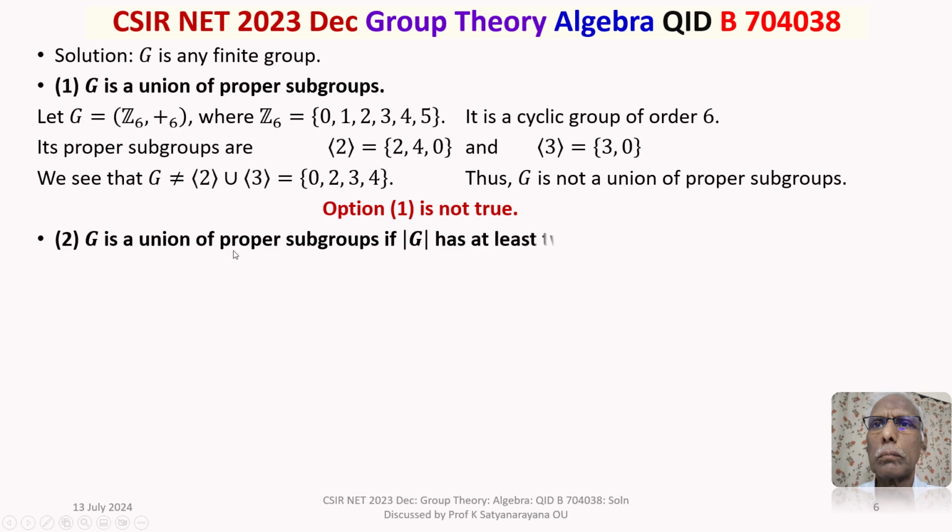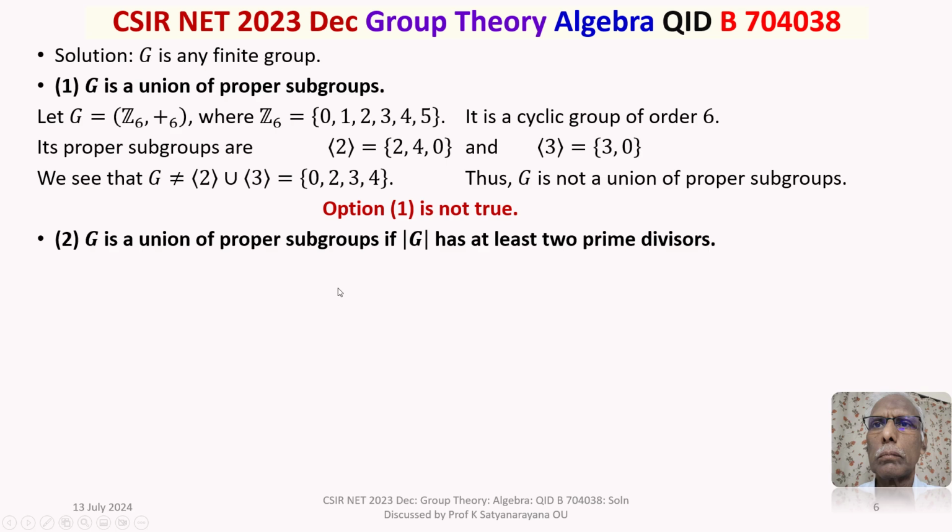Option 2. G is a union of proper subgroups if order of G has at least 2 prime divisors. The above example works here. What is the order of G? The order of Z6 is 6.